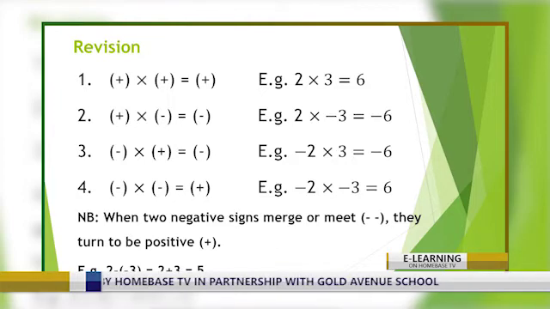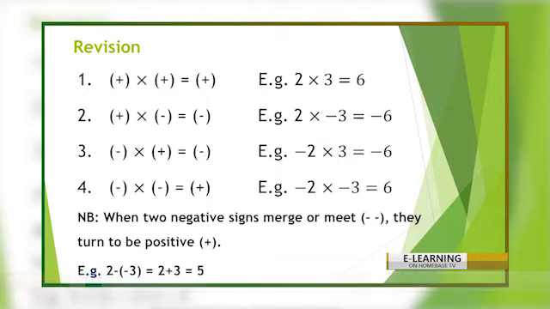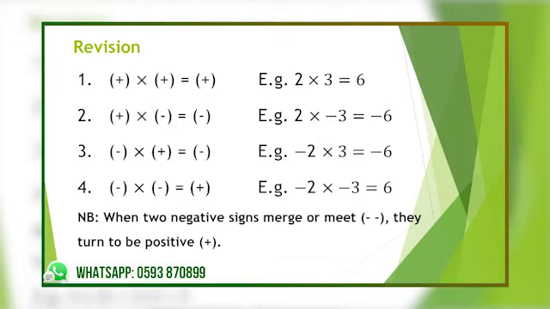Good. The next one, whenever a negative multiplies a positive, you get a negative result. Example, negative 2 times positive 3 is negative 6. And the final one, whenever a negative multiplies a negative, you get a positive answer.